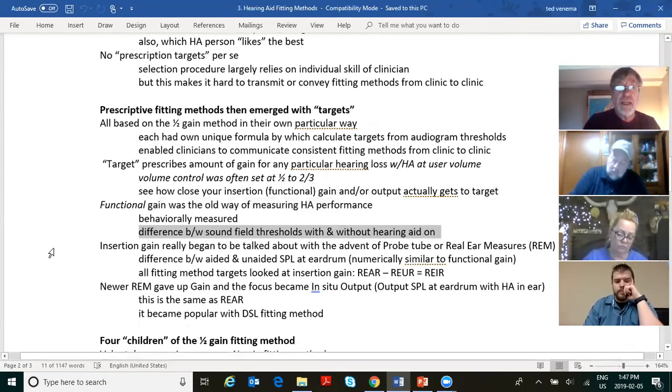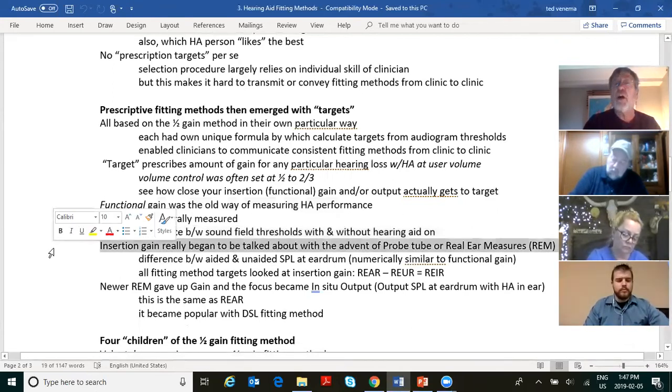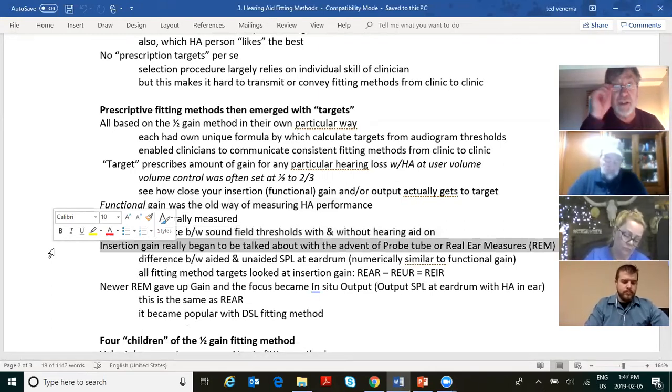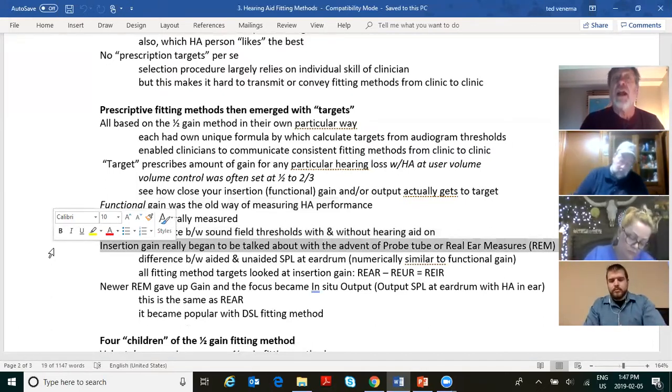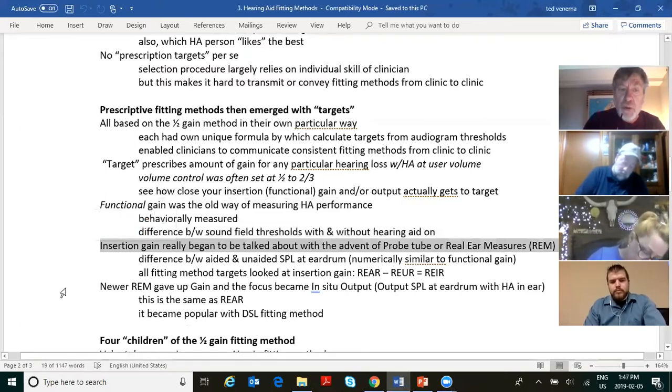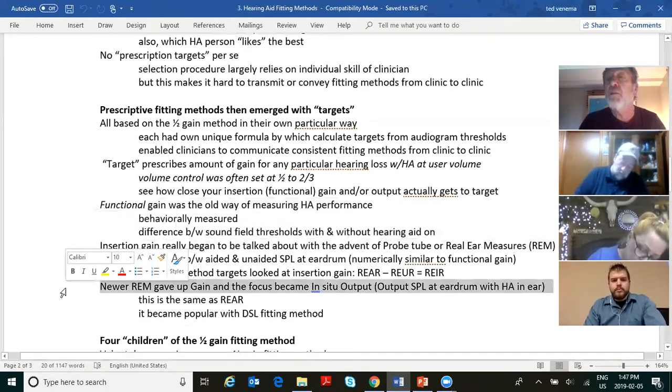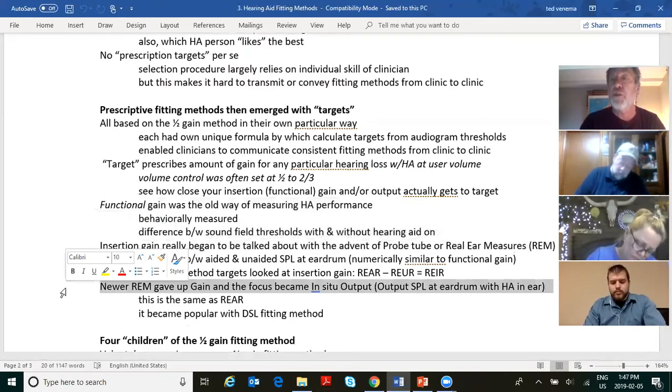Then you began to get insertion gain, and that came out with Real Ear, and that's the title of this course, Real Ear, and that's what we'll be talking about big time. And Real Ear began with insertion gain. And newer Real Ear gave up gain completely and focuses completely on output.